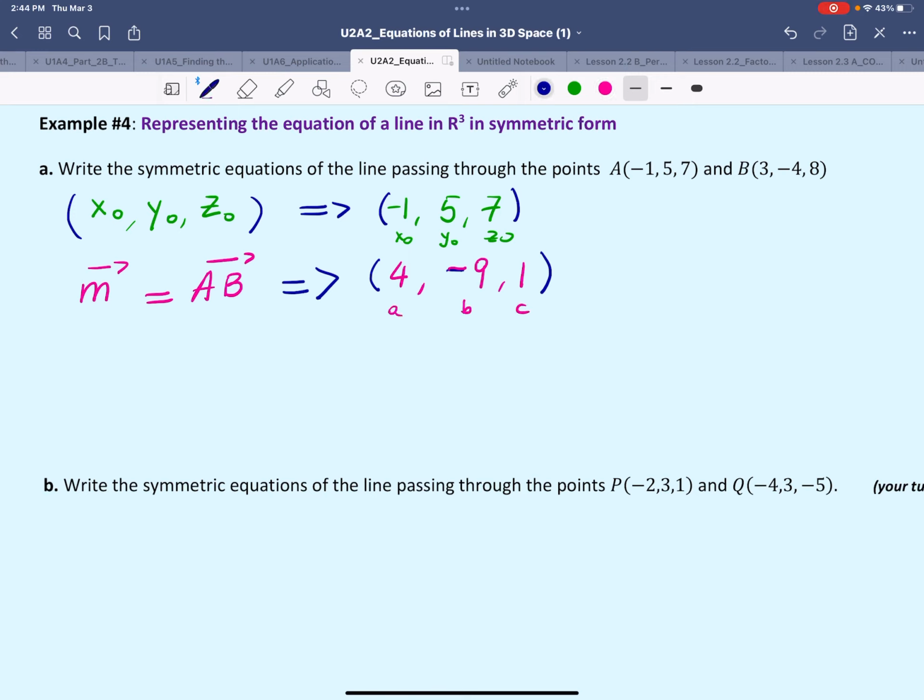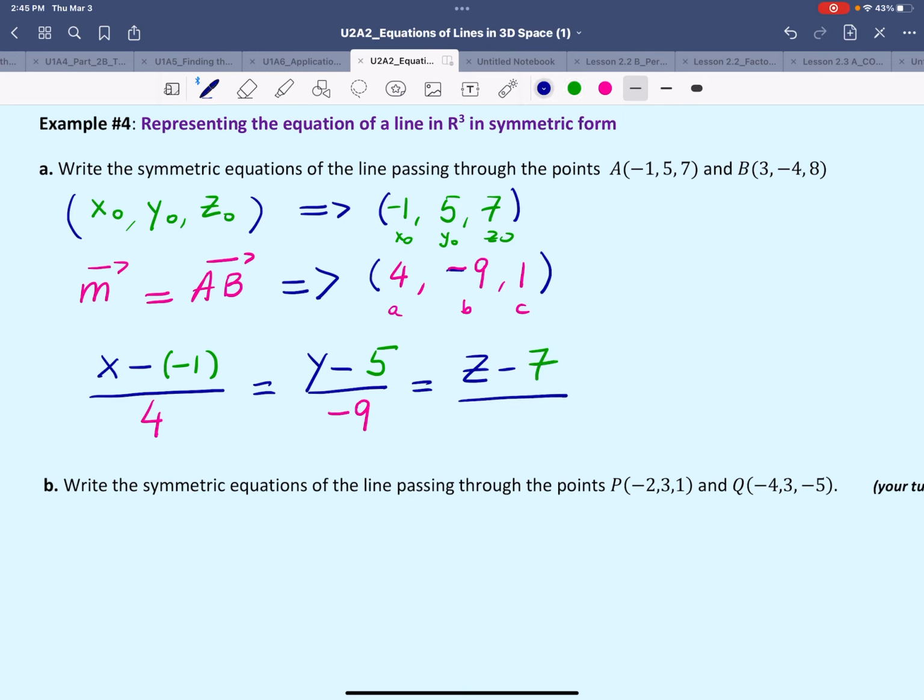Let's build the equation. So we have x minus x0, so x minus -1, divided by a. Remember that a is the x-coordinate of the direction vector, equals y minus 5, that's the y0, divided by the y-coordinate of the direction vector, which is -9, and then equals z minus 7 divided by 1.